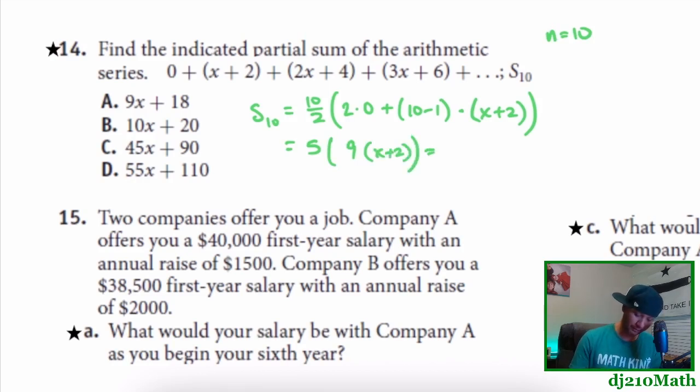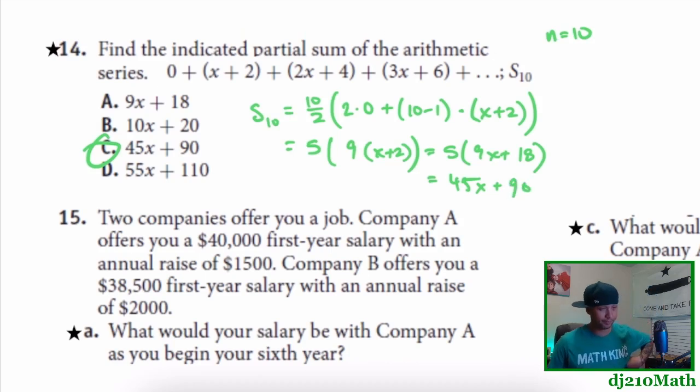If we distribute that, that's going to be 5 times 9x plus 18, which when we distribute the 5 is going to be 45x, so C right away. Plus 5 times 18, 90. Yeah, 90. All right. 45x plus 90. That was an interesting one for sure.